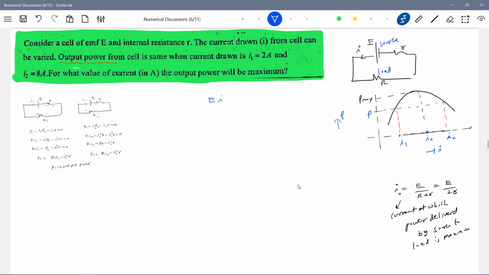So E is equal to I into R plus R. This much is what we have. How to correlate all these things? Somehow I1, I2, I naught have to be determined from this much data.